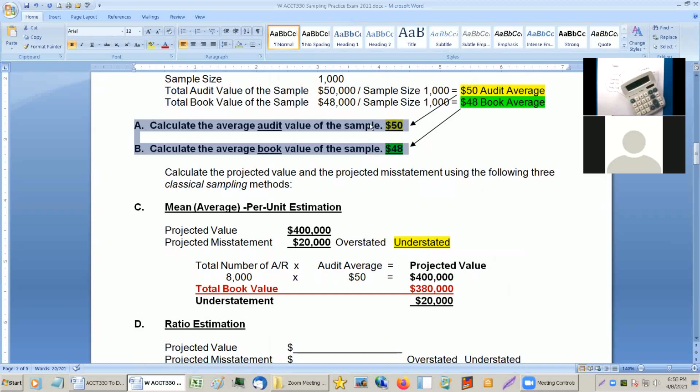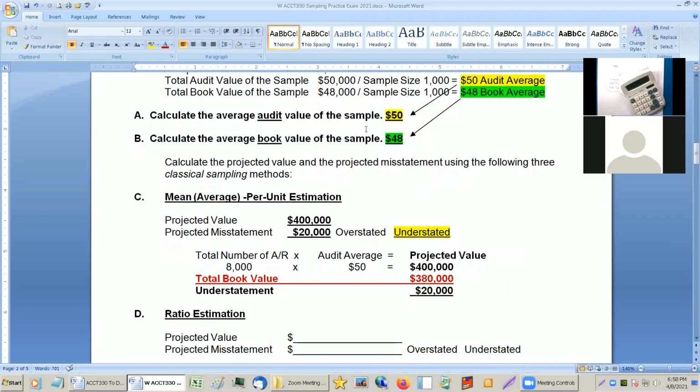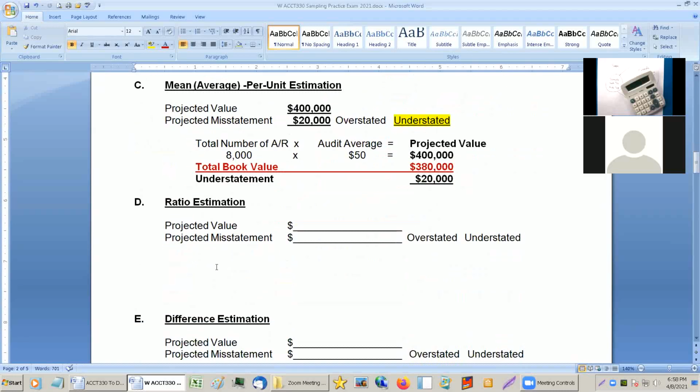It might be off by $2 or whatever it is, but probably not $100. Whereas if you have a $5,000 accounts receivable, being off by $100 would probably not be that uncommon. So the idea is that bigger things are off by bigger amounts and smaller things are off by smaller amounts. That's kind of what ratio estimation does.